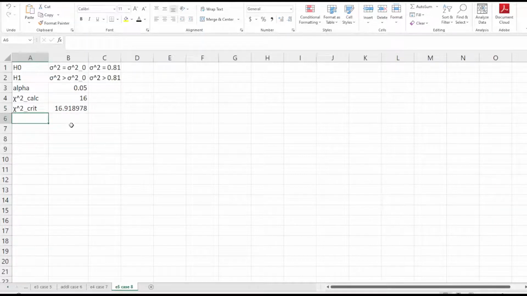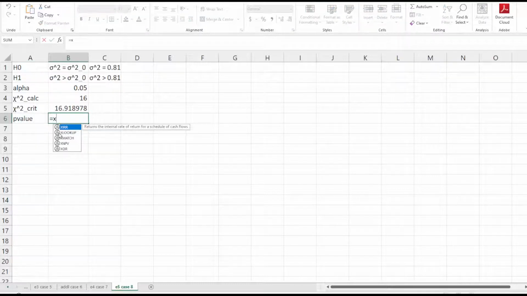Okay? So, let's finish up. Meron tayong chi-squared calc, chi-squared crit. Tapos, we can now make our conclusion, no? You can also do p-value as well. So, let's do p-value. We can do chi-square. This time, we do chi-square dist, and let's measure from the right, no?